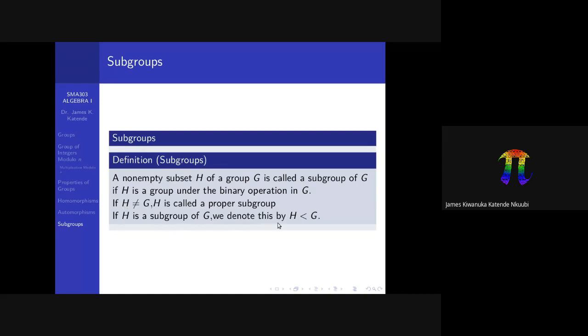The other notation that we shall be using is that if H is a subgroup of G, we can use this as a shorthand. This less than sign here is used to mean that H is a subgroup of G. This is common in a number of books.